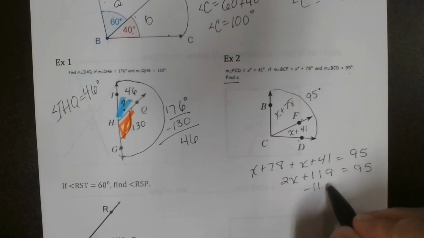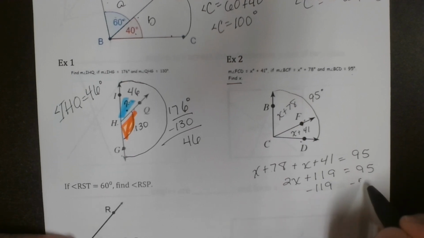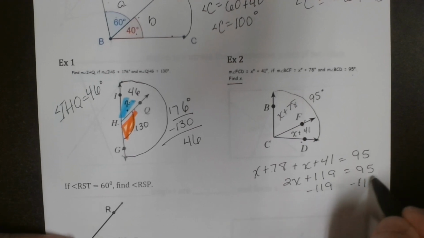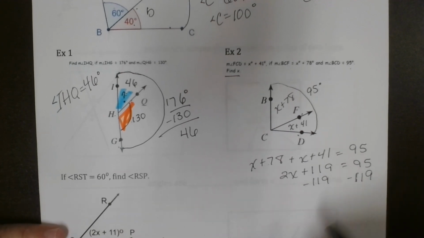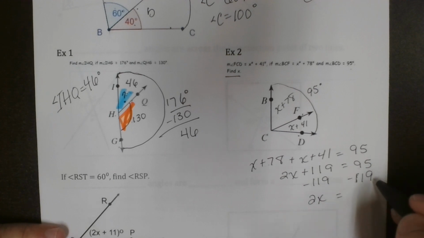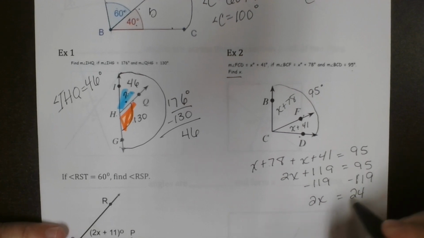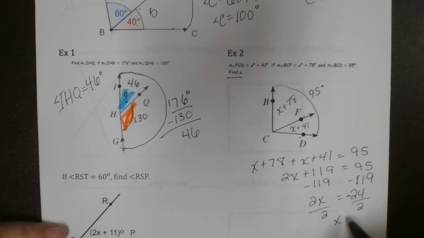Now, let me tell you what's okay and what's not okay, all right? It's okay to have an x with a negative value. It's okay. So subtract it, and divide both sides by 2. X equals negative 12. That is okay.